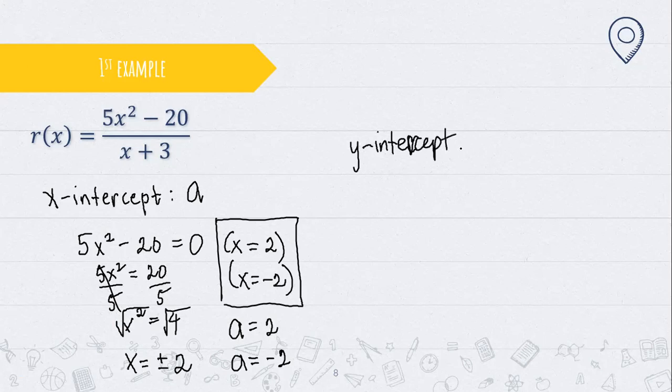Si y-intercept is simply the r of 0 of the rational function, and all we have to do is to substitute our x with 0. Ganun lang siya. So r of x, kunin natin yung buong function, is equal to 5x squared minus 20 over x plus 3. Ngayon, substitute natin lahat ng value of x with 0.